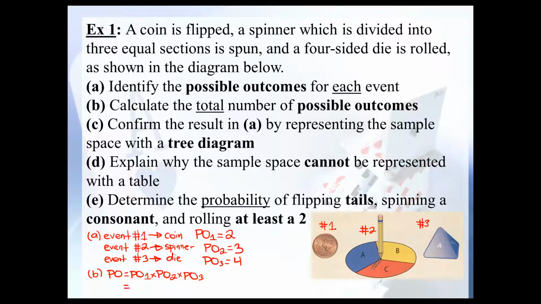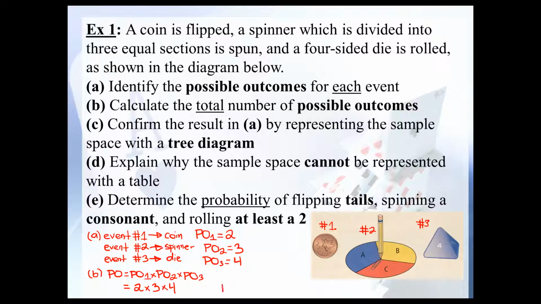This would be equal to, okay, so for event 1, there's 2 possible outcomes, heads or tails. Multiplied by the possible outcomes for event 2, which is the spinner, 3 possible outcomes. You can land on section A, section B, or section C. For event number 3, four-sided die, we can land on one of 4 sides, so we'd have 4 possible outcomes.